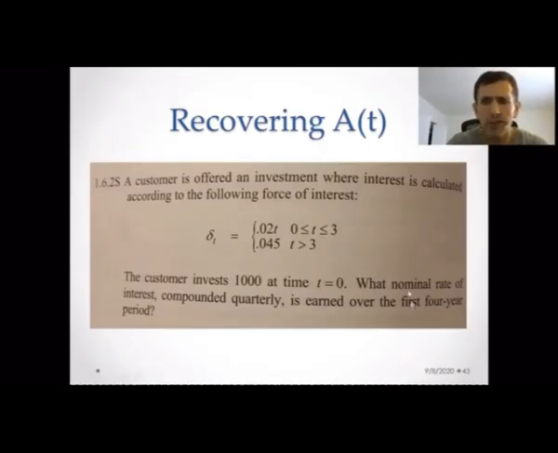So when we speak of a nominal rate of interest, this is an actual number. We want the equivalent nominal rate of interest for this 4-year period. And compounded quarterly means what it colloquially means, that interest is compounded 4 times a year.